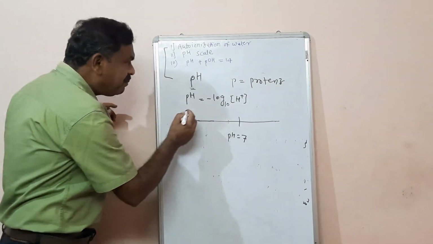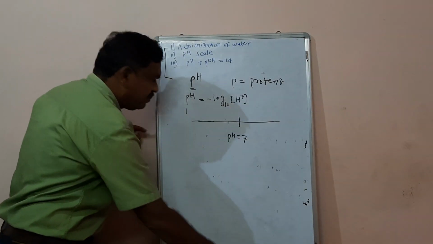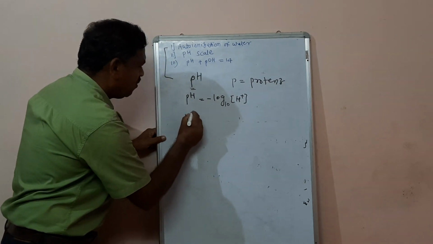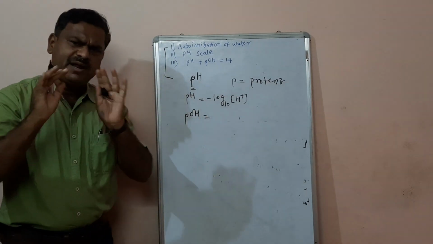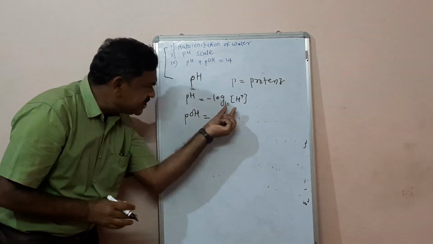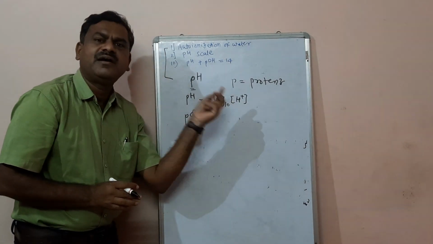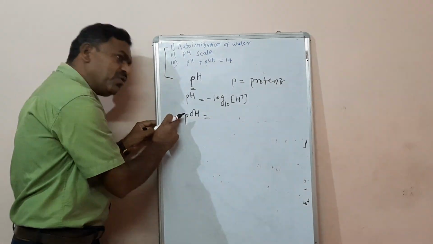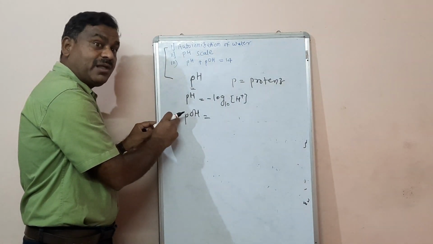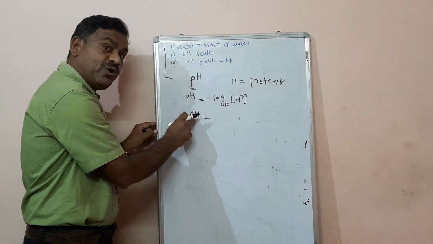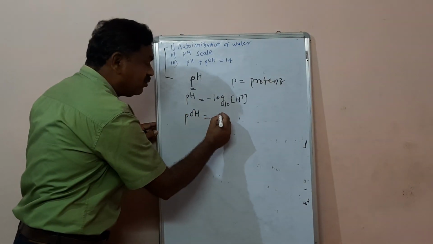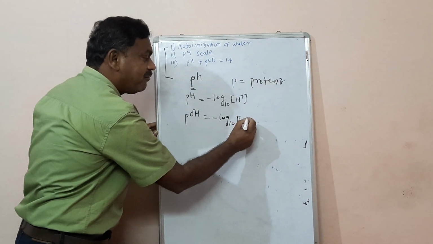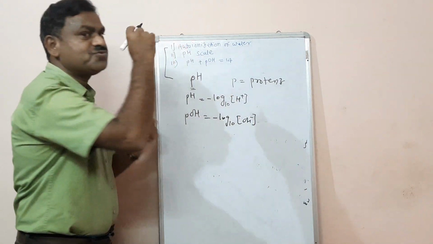Then another one is the pOH. pOH has the same definition, only instead of hydrogen it contains the hydroxyl ions. Therefore, the pOH, the strength or concentration of hydroxyl, is the negative logarithm to the base 10 of the molar concentration of OH minus ions.